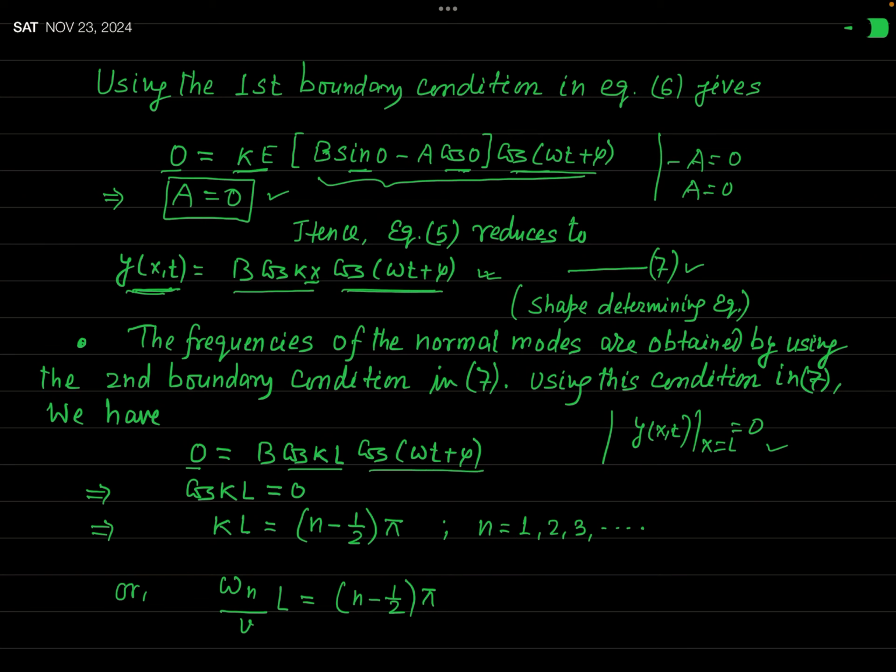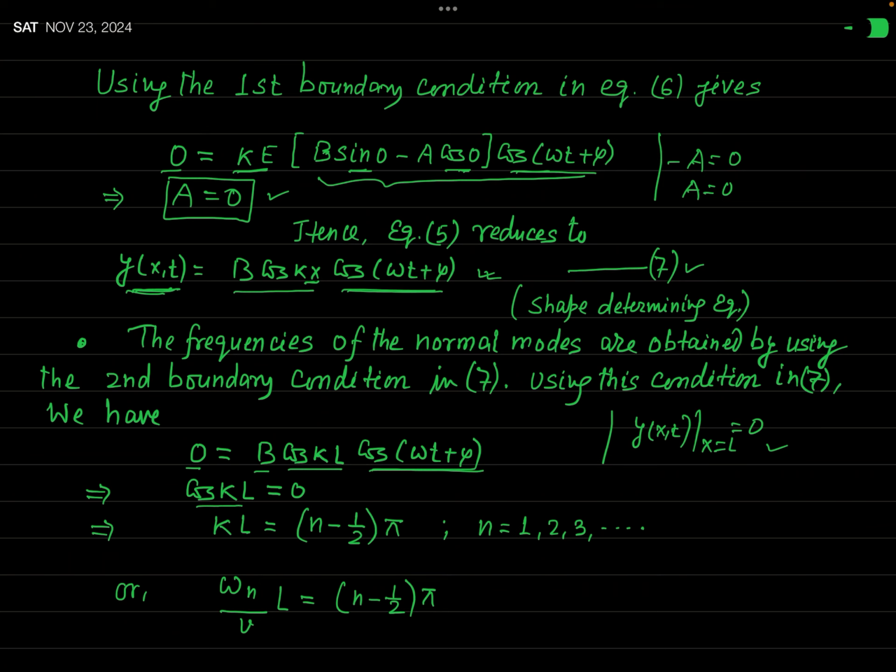Now again you know that this B is not 0 and this cosine function cannot be 0 at all time t. Although it may be 0 at a particular time, for all t it cannot be 0. So it is obvious that cos kL will be 0.